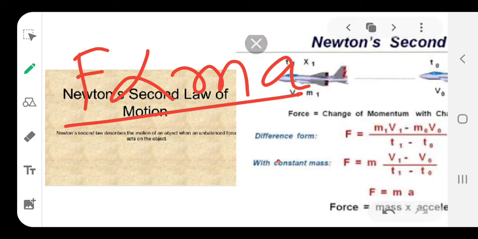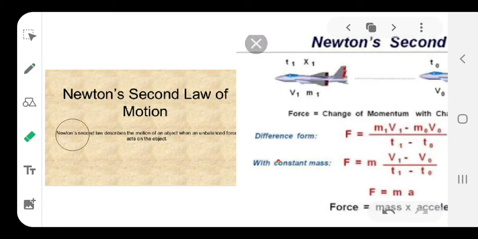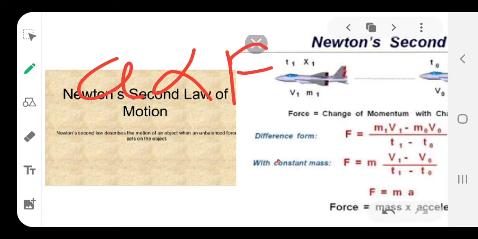But in order to explain the statement, we should know how it has been derived and formulated. Acceleration produced in a body is directly proportional to the force applied. The more you apply the force, the more acceleration you get.